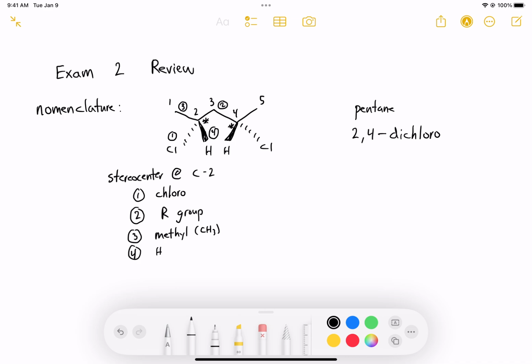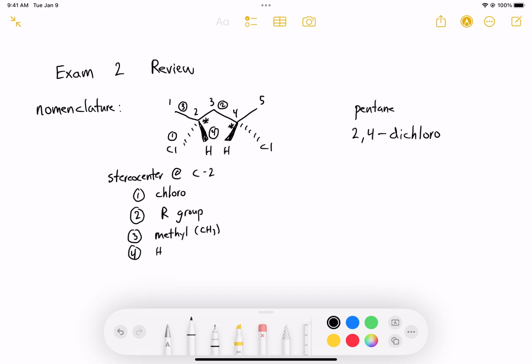So I use my thumb to represent going out of the paper, and then I use my fingers, they kind of move in the direction of the priorities. It's hard to see, but if anyone has questions about it, they can come see me. You can assign R and S based on whether you used your right hand. If it's your right hand, it's R, and if it's not your right hand, it's S.